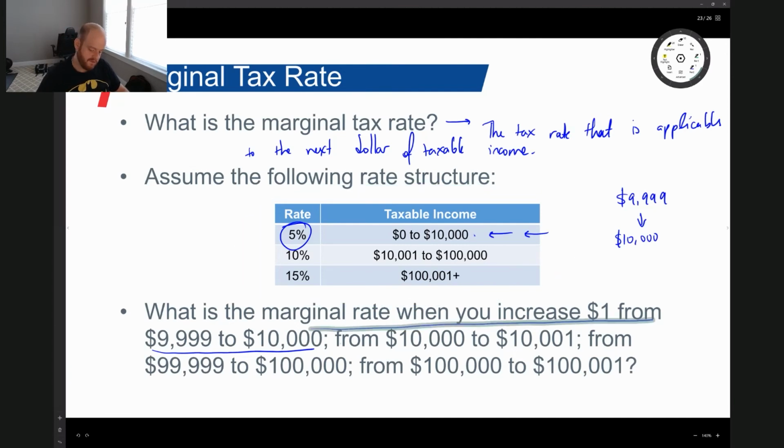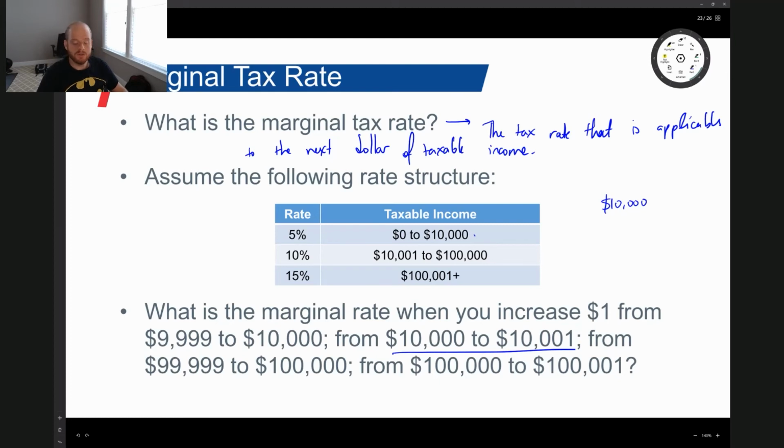What if we go from 10,000 to 10,001? You were earning $10,000 and you got a promotion where you're now earning $10,001. Well, now your marginal tax rate is 10% because you went from being in this bracket to now being in this bracket.